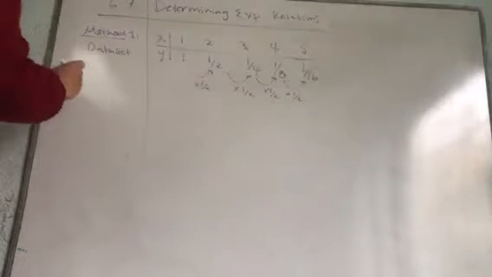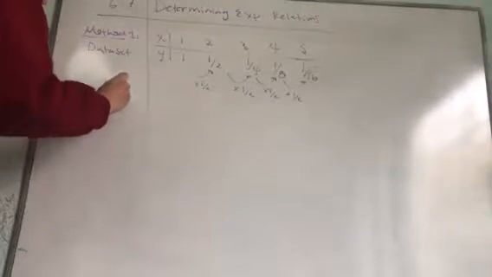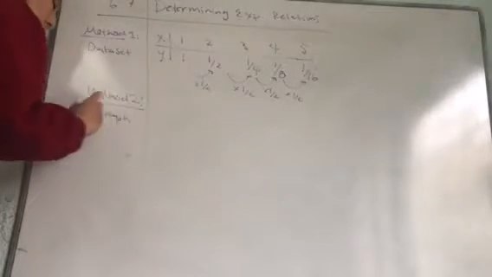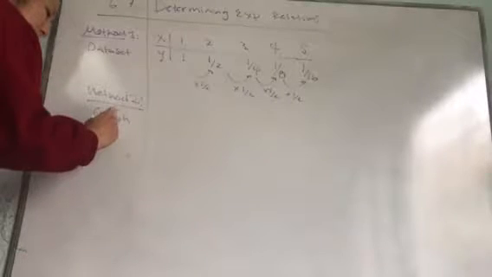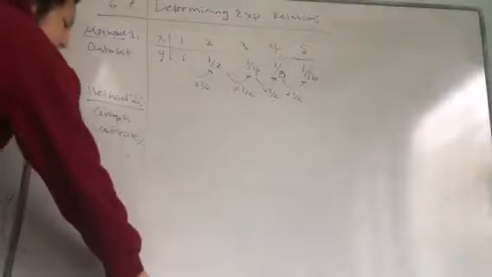Another way that you can find out what kind of relationship you have is by graph, or specifically a scatter plot. So I'm going to get another marker.